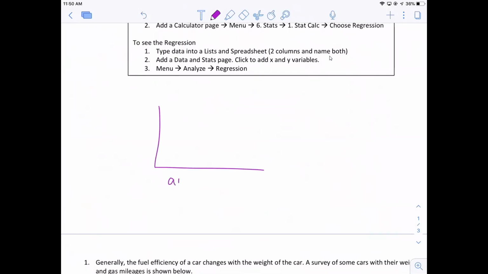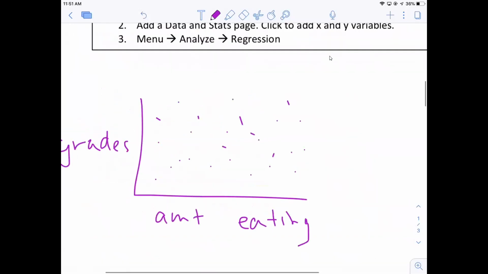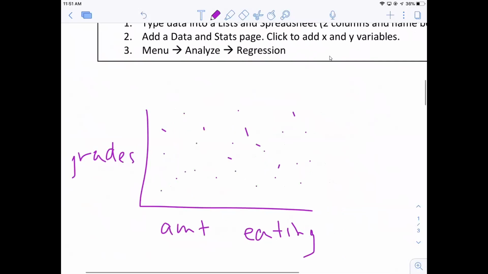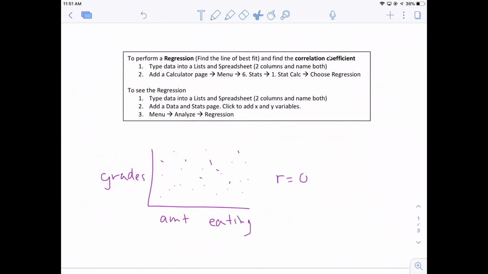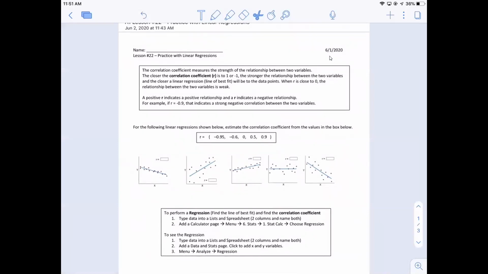So amount of time eating and your grades, well, there's probably not a strong correlation between those two things because they don't really affect each other, I would imagine. So let's say you collected this data, maybe the scatter plot would just be a bunch of random dots all over the place, right? And there's not really any relationship. In this case, the R value would be 0, or at least very close to 0. So that's what correlation coefficient is. That is what it measures.